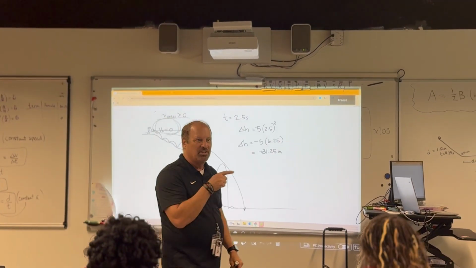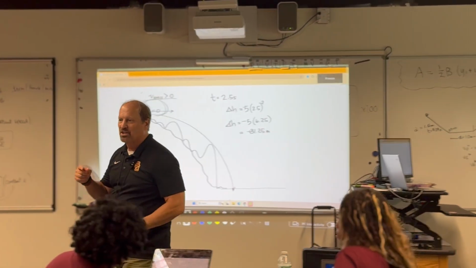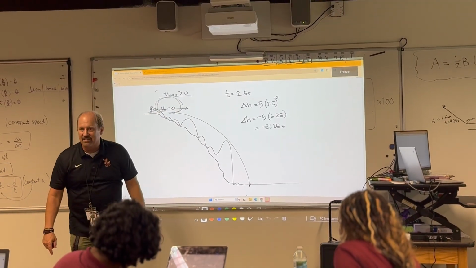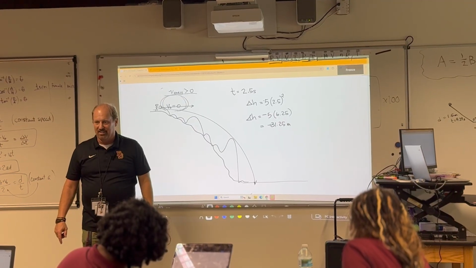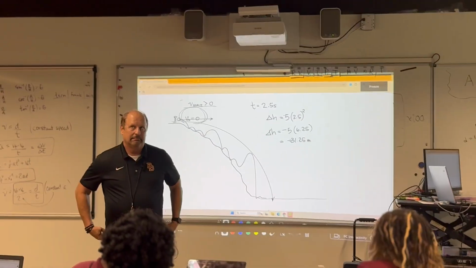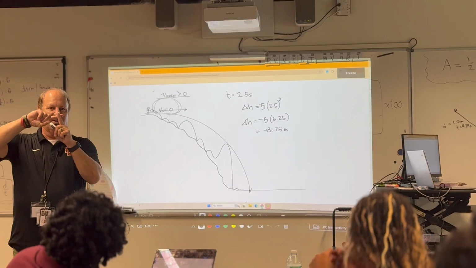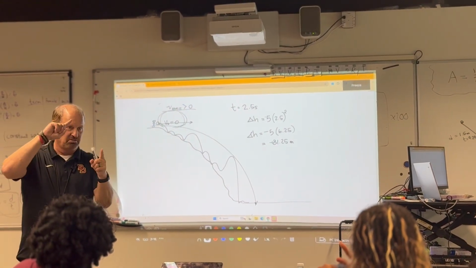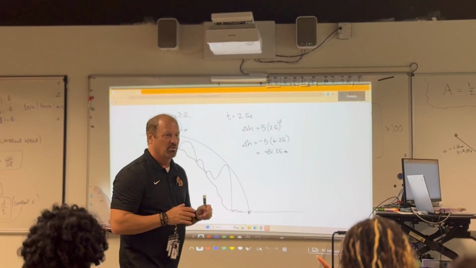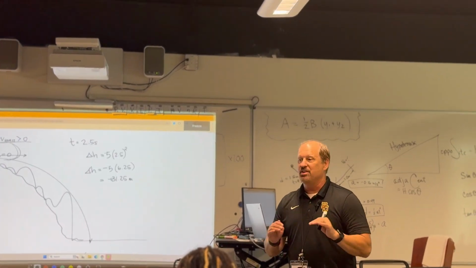The horizontal component of the velocity vector does not affect the vertical component of the velocity vector. In physics, it is very rare, only on some occasions, and we'll talk about them later, that perpendicular items, forces, vectors, anything perpendicular, happen simultaneously but do not affect one another. So it's happening simultaneously, but one does not affect the other.